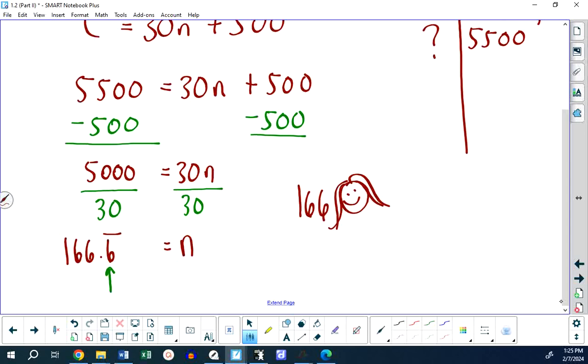So if you say 167, then it's more than 5,500. So we have to round down. Now, let's be honest, though. If you had that one old friend from school that you hadn't seen in so long and you wanted them there, you might go, well, it's only going to be a few more dollars. Let's invite them. But technically, we should be rounding down.